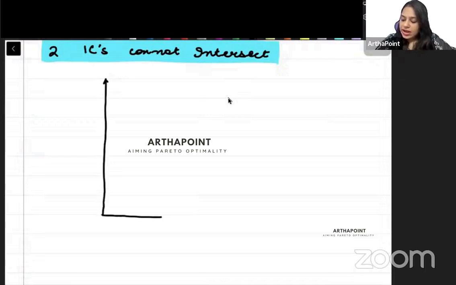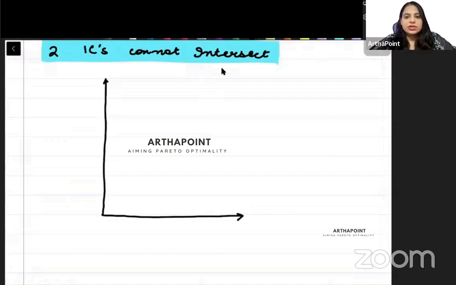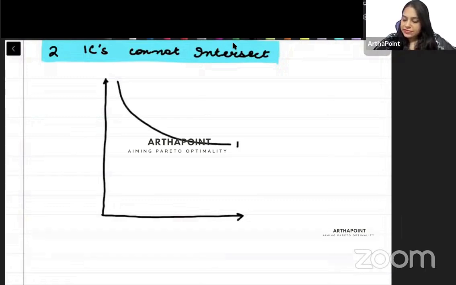I am going to start by assuming that suppose two indifference curves intersect. Let us take such a situation and say that suppose the two indifference curves intersect. So what will happen? Indifference curve 1, indifference curve 2.